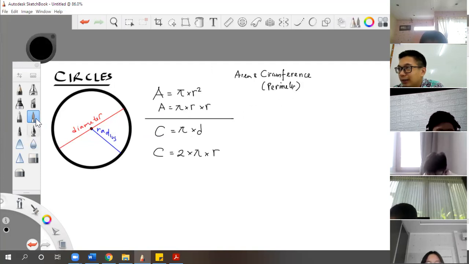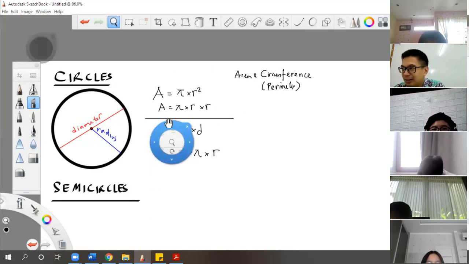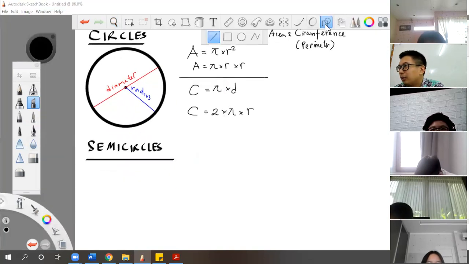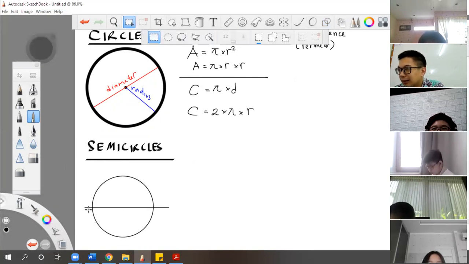Now we learn semicircles. What is a semicircle? A semicircle is a half circle, as simple as that. So when we draw the circle, we just cut it in half like this, and you delete the other half.